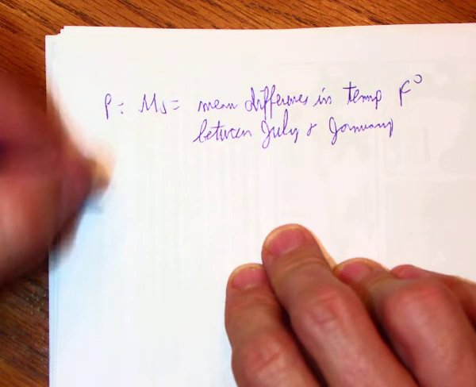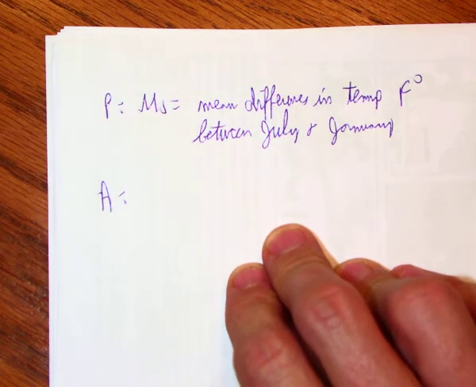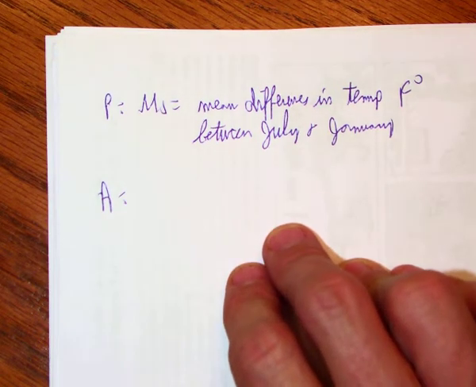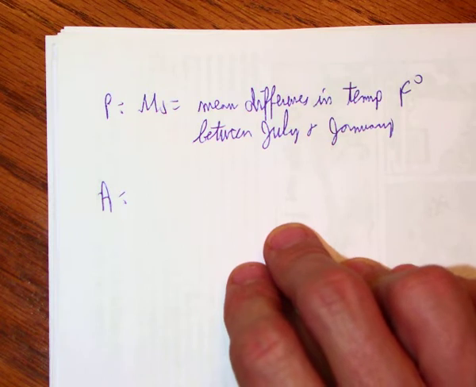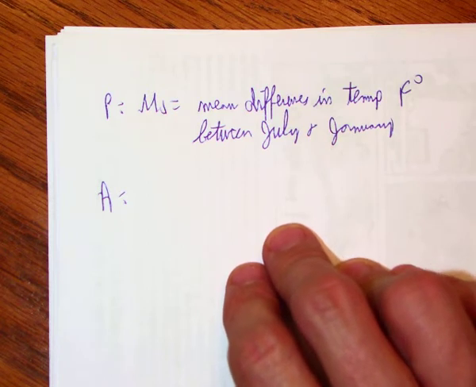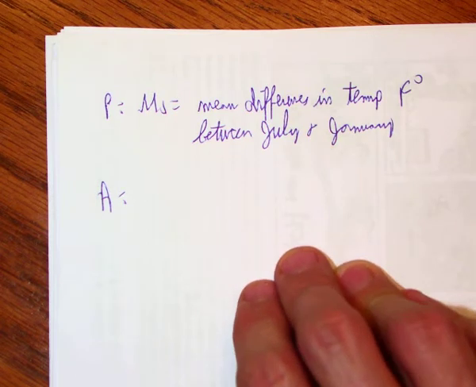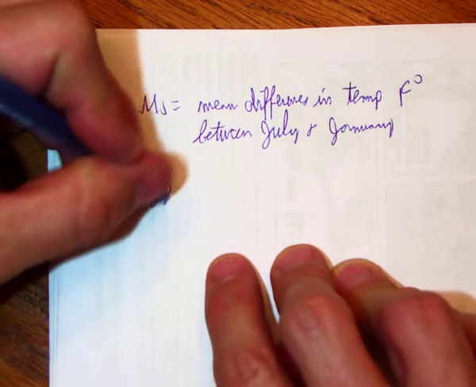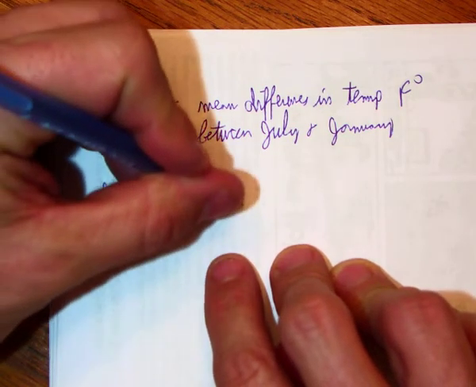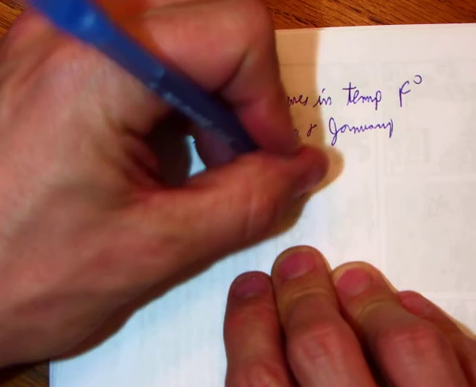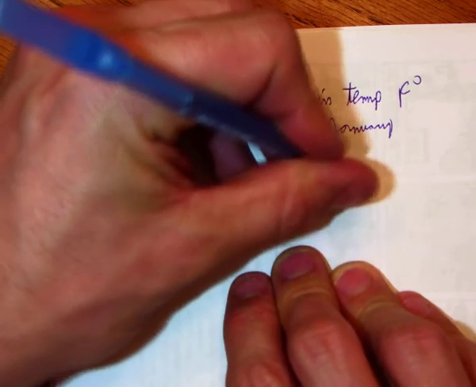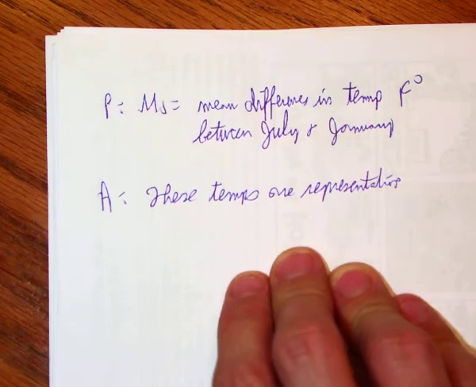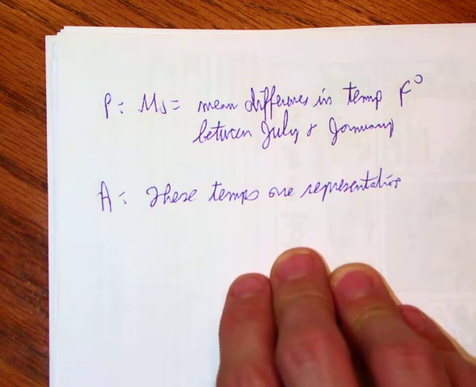Okay, the assumptions here. Let's see, I do not believe that these were randomly selected. So these temperatures are representative. Since we did a dozen cities in July and in January, we paired them.